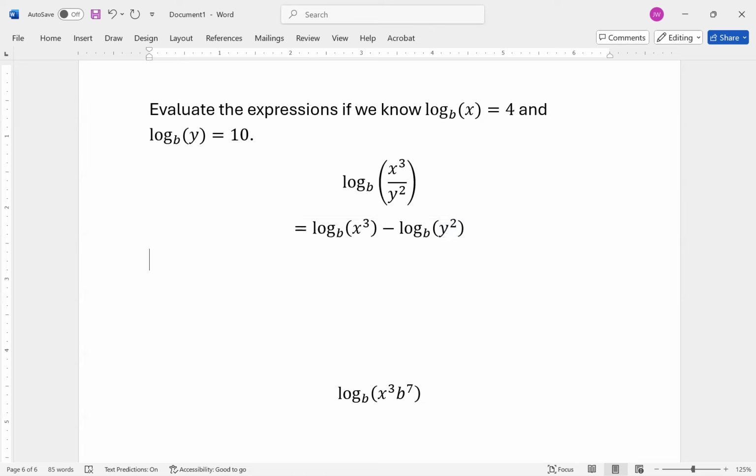Each of those individually, we can apply a power rule to. In the first case, that's going to come out as 3 times log base b of x. In the second part, that's going to come out to 2 times log base b of y.